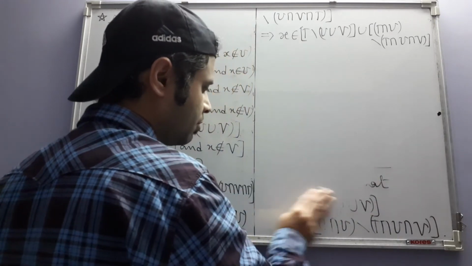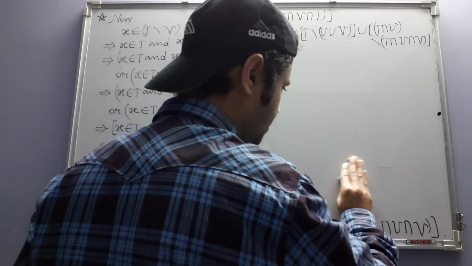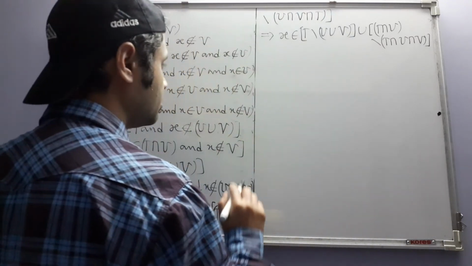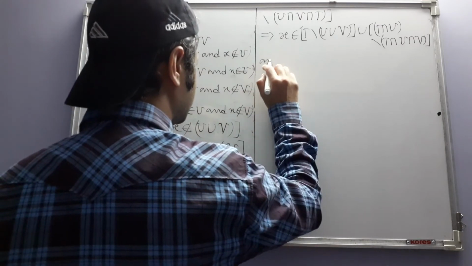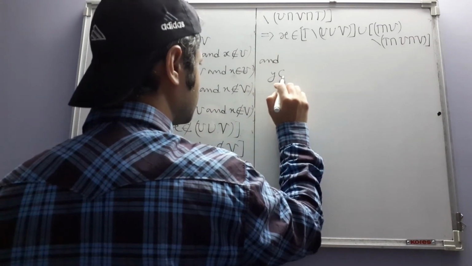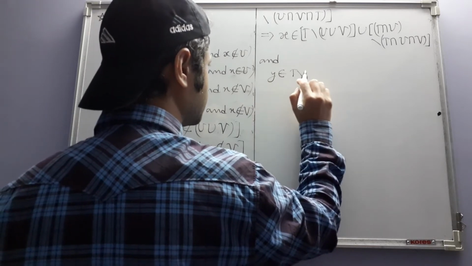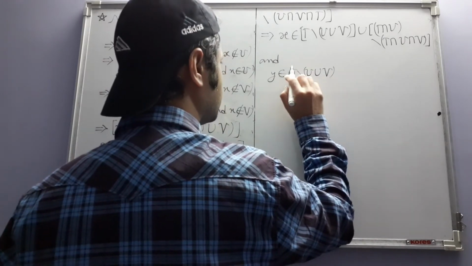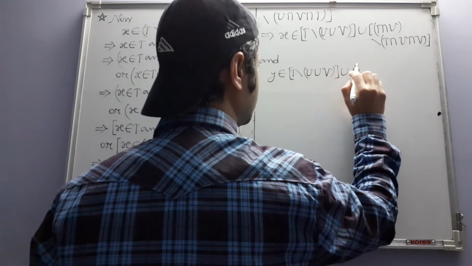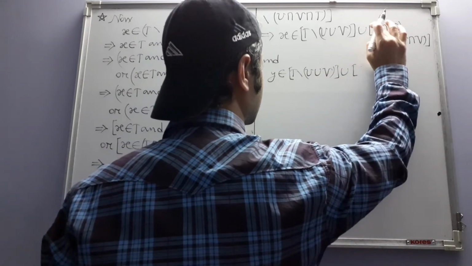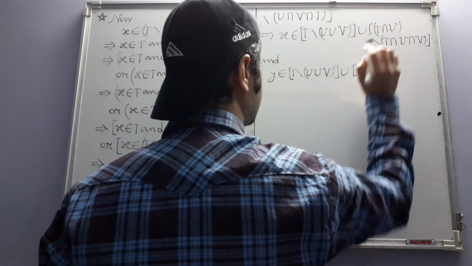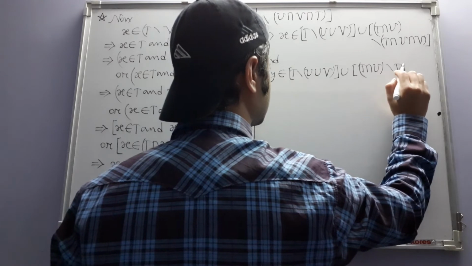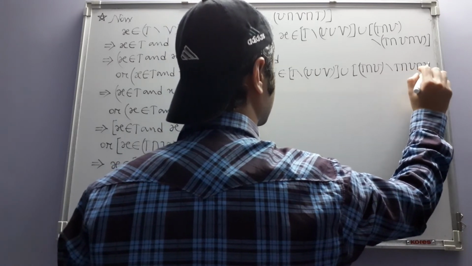If we need the figure again, we will draw it, a small one, beside our calculations. This is one thing, and say y belongs to this final set: t difference u union v, union t intersection u difference t intersection u intersection v.